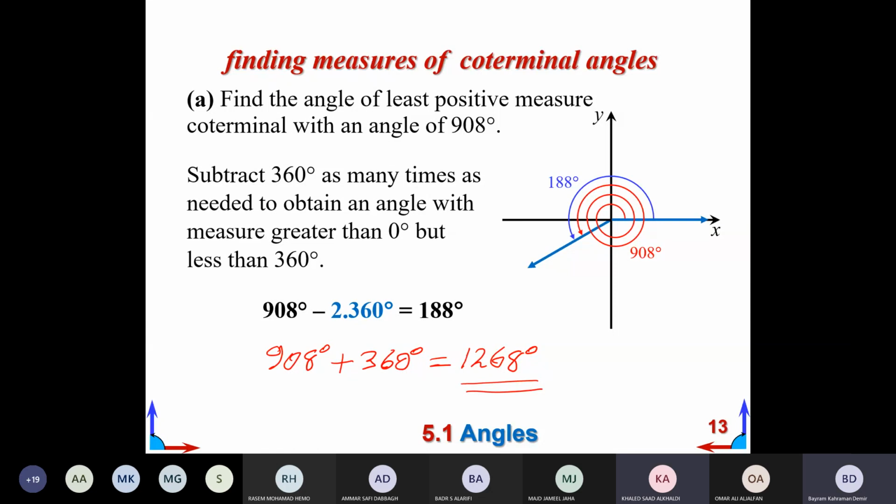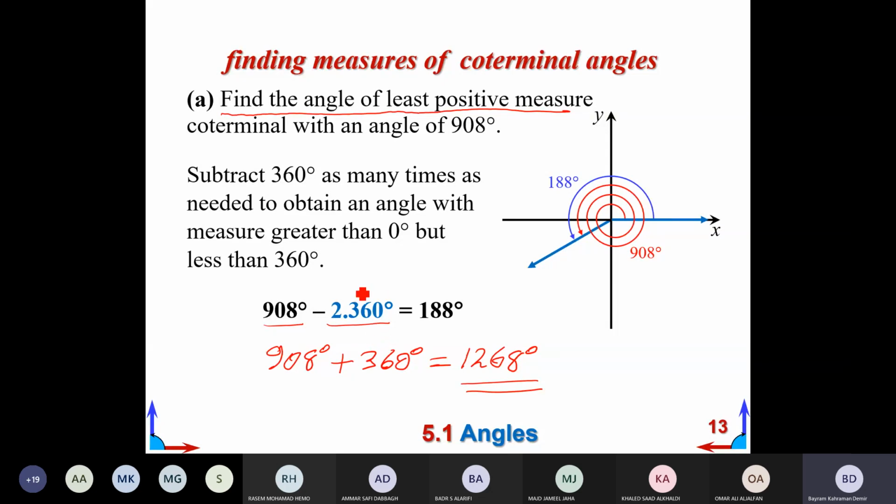So do I find them all, or how? No. As I said, it depends on the question. Look at the question here: find the least positive angle. Least positive, don't go too far. 908 minus 360 is not going to be the least positive.